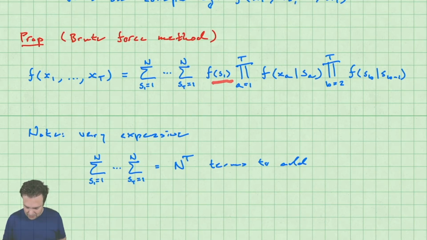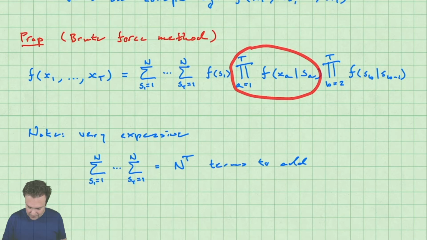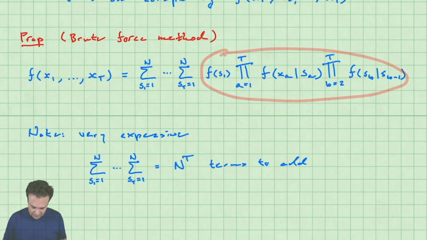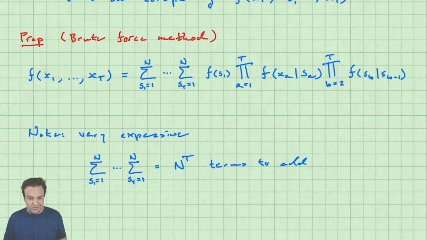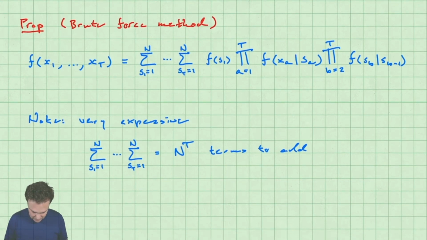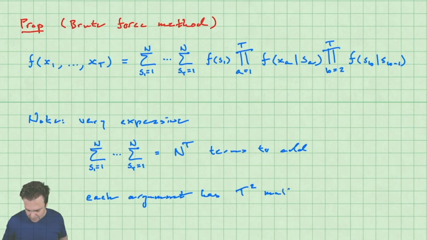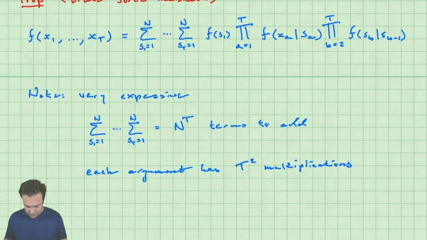So there's the multiplication here, but then look, there's a product of length T, and there's a product of length T. Each of those, so each argument that gets fed into this set of sums, has capital T squared multiplications. So it's a lot.